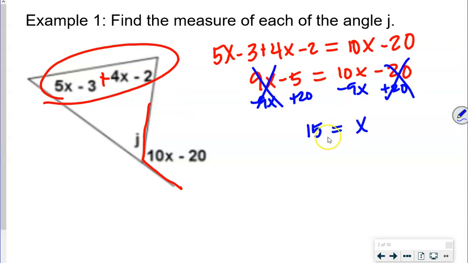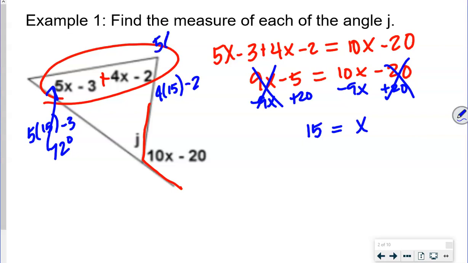What we must do now is plug this back in to see what the measure of all of these angles are, okay? So let's start up here. 15 times 5 would be 75, minus 3 is 72. So that's that angle right there, okay? Then we've got 4 times 15, that is 60, minus 2, that would be 58 degrees, okay?